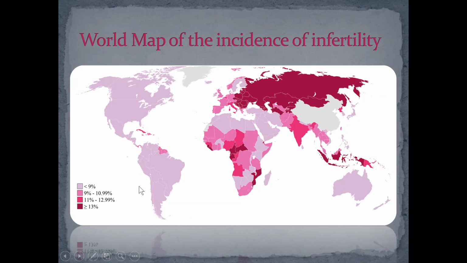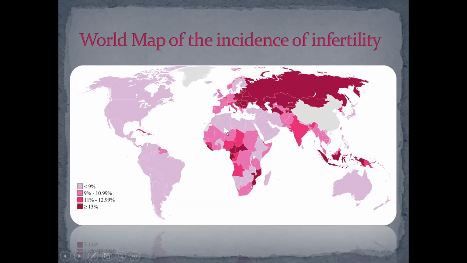The countries with an incidence of infertility of 9 to 11% are indicated with the bright purple color, and these are mostly the countries of Central Africa and most of Western Europe, and some countries of Asia.